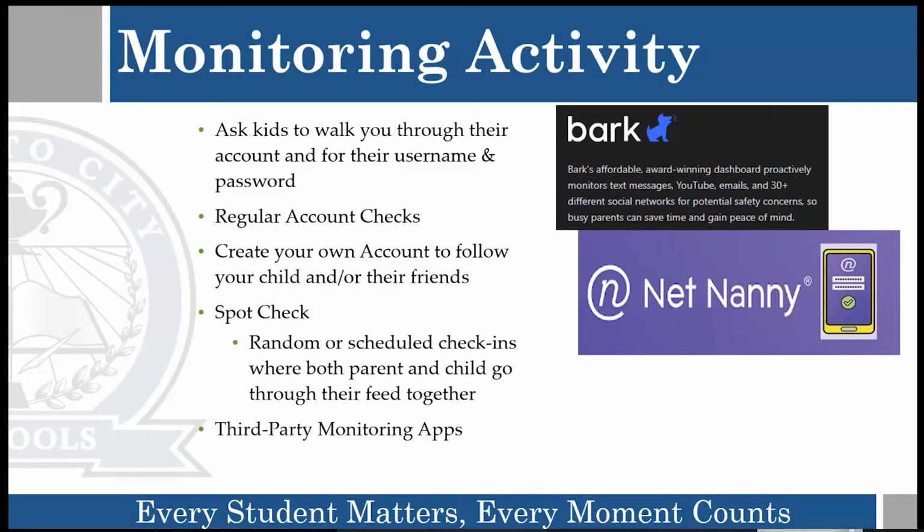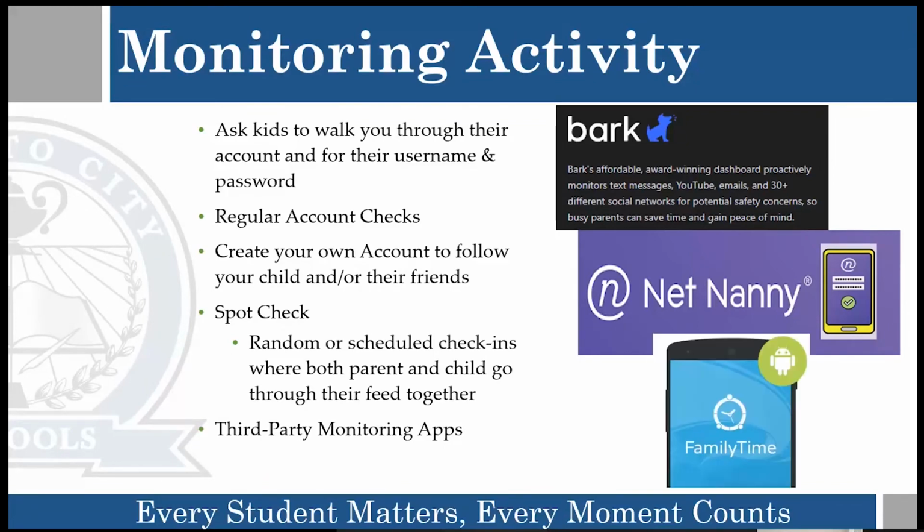NetNanny blocks applications, filters content, tracks screen time, and much more. And then the last one we're going to share with everyone tonight is Family Time. Family Time manages screen time, blocks applications on your kids' phones, and also keeps track of their whereabouts. So like a GPS for them, but only you have access to it.